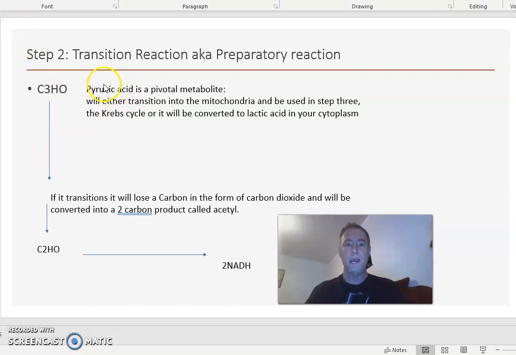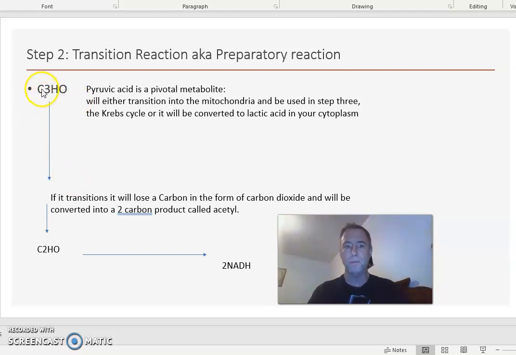If we have enough oxygen to continue on with the process of cellular respiration, then the pyruvate is going to transition into the mitochondria, go through the 2 membranes, and while it's doing that, it's actually going to lose some carbon dioxide.